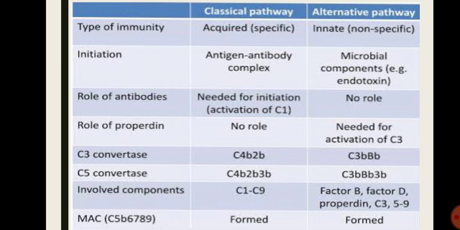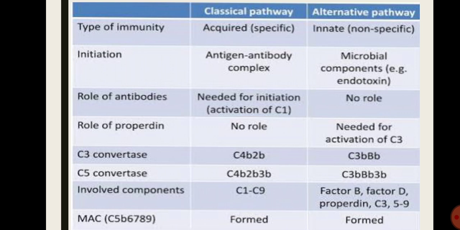While in case of alternate pathway, there was no antibody involved, so that is why it is innate. When we will have the first exposure of the antigens, then antibodies will be formed against that antigen. So we are acquiring it with the passage of time when the life passes by.